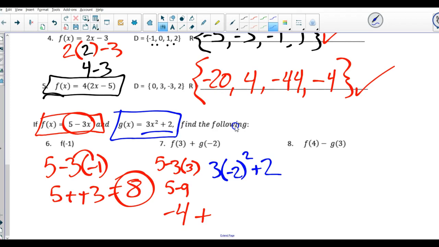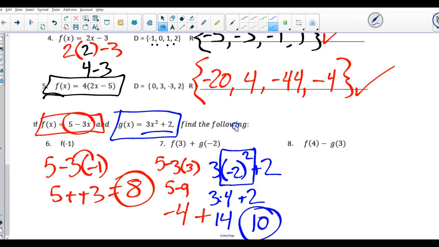In your calculator, remember, you have to type in -2 squared in parentheses like it's written here, or else it'll give you the wrong sign. It'll give you a -4 instead of a 4. I know that's +4 though. So 3 times 4 plus 2, that's 12 plus 2 is 14. -4 plus 14 is 10.